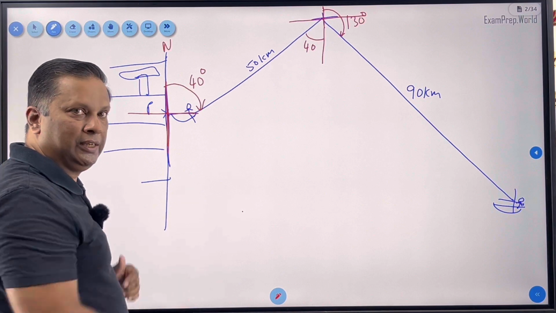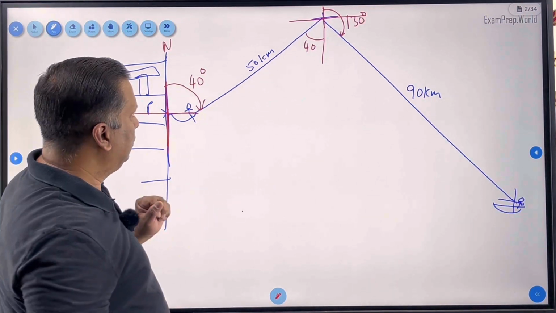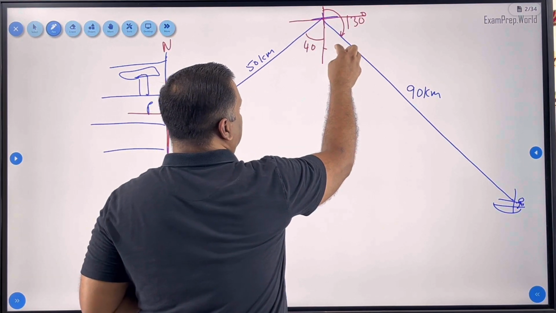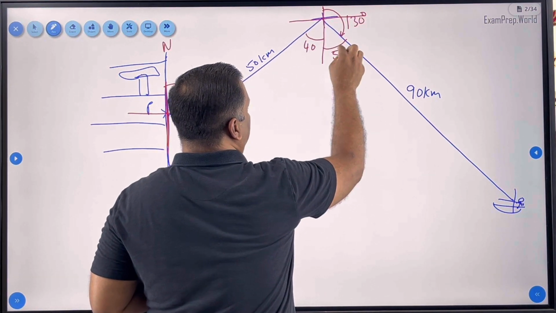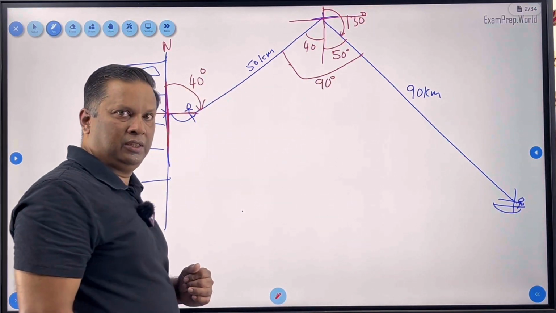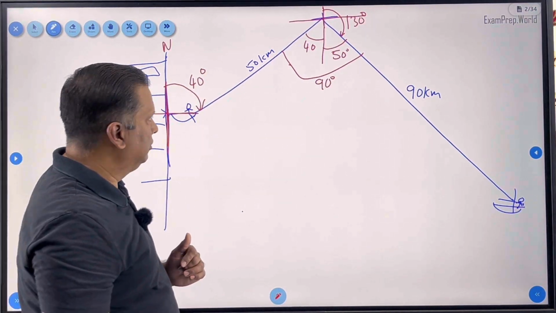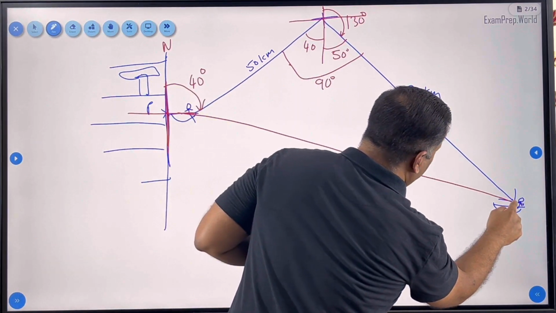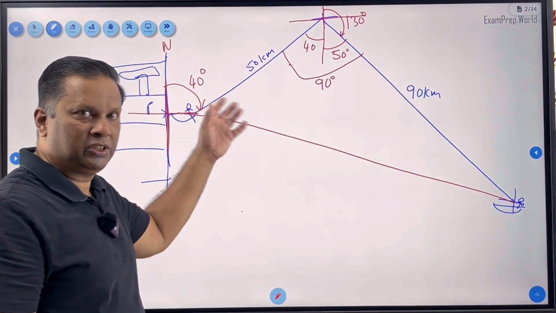Now they will draw this kind of diagram on the chart paper. Okay. Now they will see that if this is 40, this angle is 40, if this is 130, how much is this? This is 50. Together how much is it? 90 degrees, correct? Now, if you draw a line from here to the target location, this is your actual distance from the starting point.